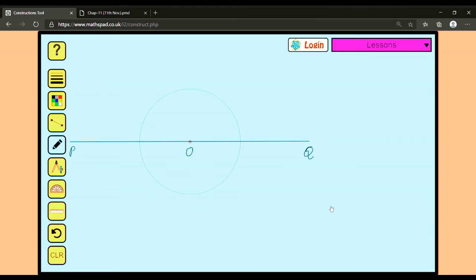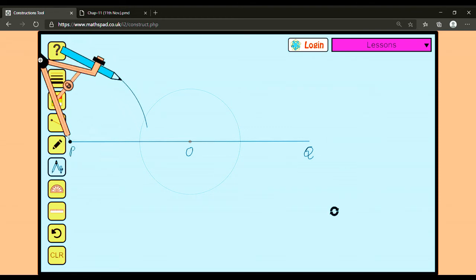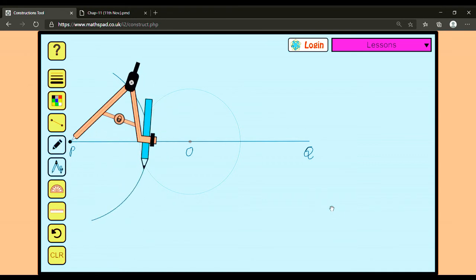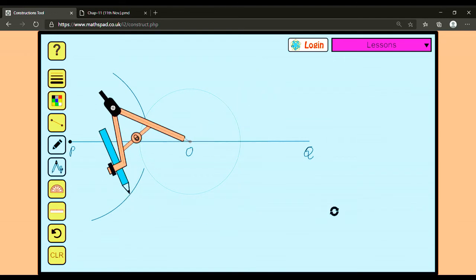Let's see how we are going to do this. To draw the perpendicular bisector, we will need the compass opening more than half. So you need arcs on top and arcs on the bottom, and this is to be done from the other end as well, keeping the radius same.